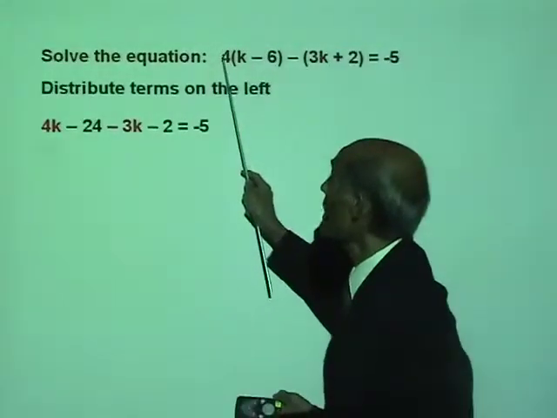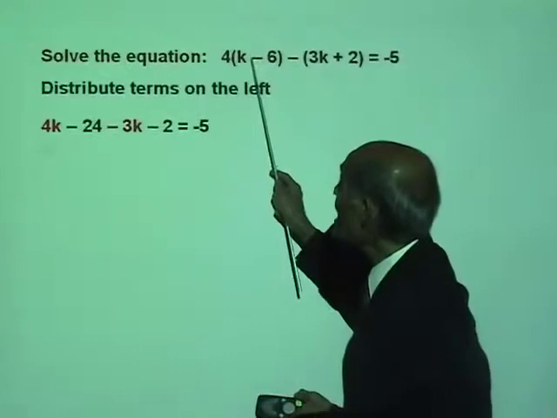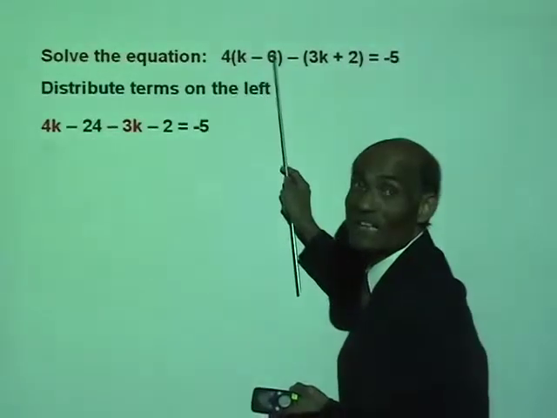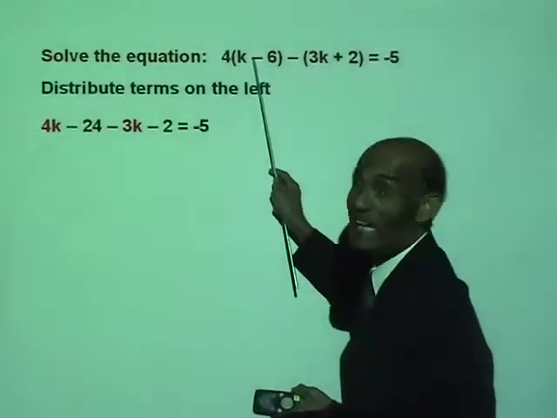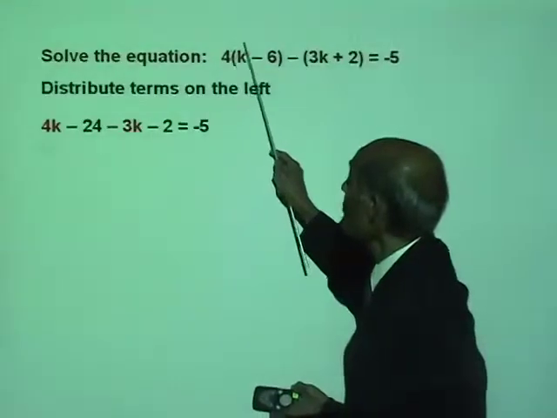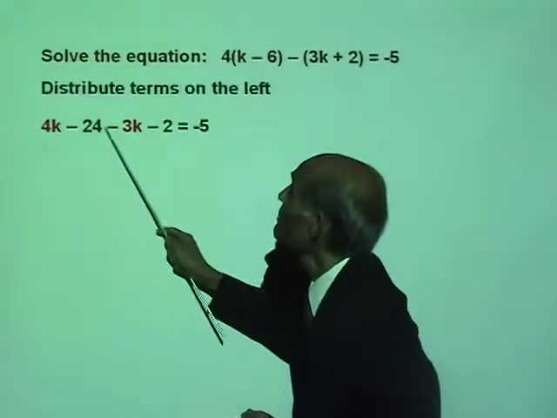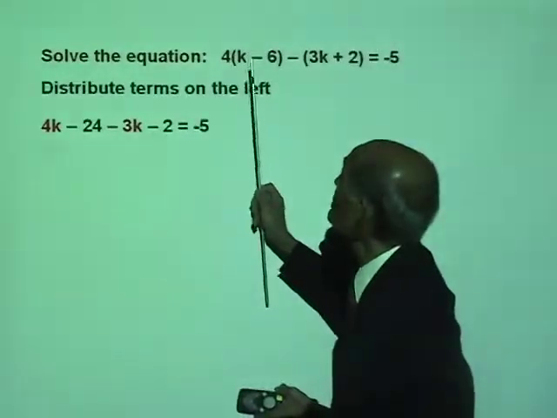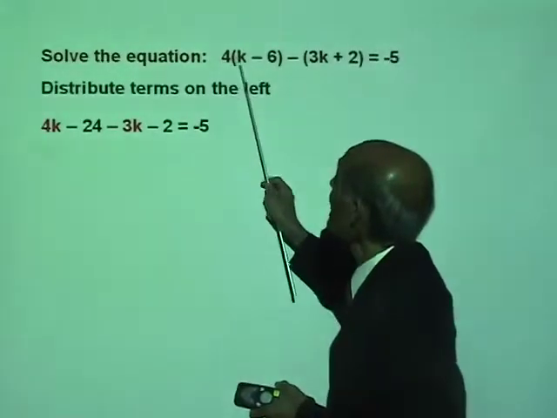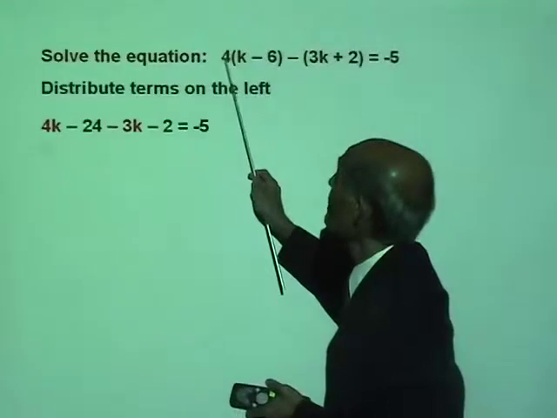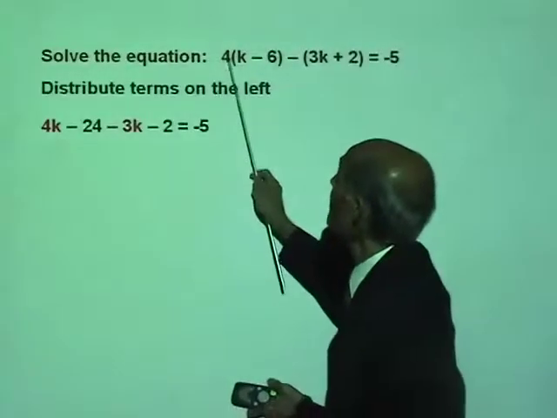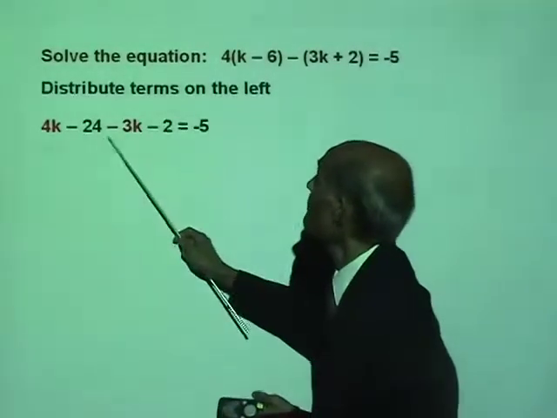And then multiply this 4 with negative 6. You see that? The sign of 6 is negative. 4 multiplied by negative 6 is negative 24. So we distributed 4 times k minus 6. We get 4k minus 24.